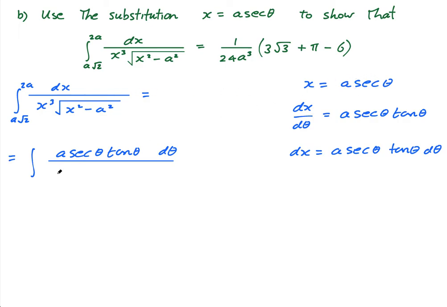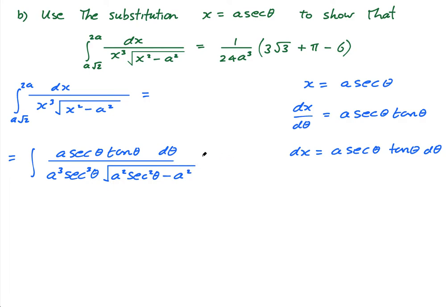Now, x cubed is this cubed, which is a cubed sec theta cubed, or sec cubed theta. Fine. Square root x squared. This is going to be a squared sec squared theta minus a squared.